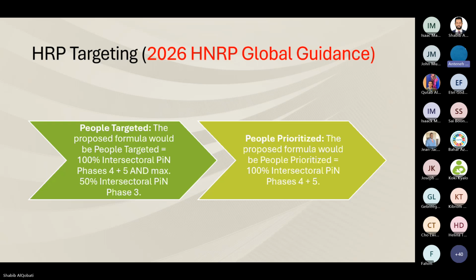You may be pressured to only target phase 4 and 5 based on this global recommendation. Of course, you have no option but to follow the global guideline. But we also have additional considerations as far as nutrition is concerned. We can go to the next slide.